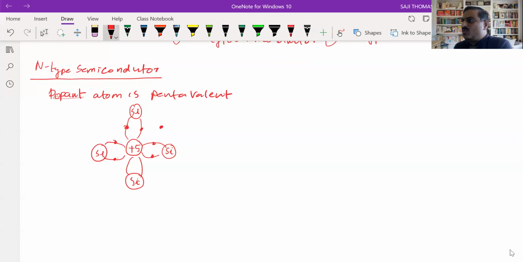So the number of electrons will be very, very large compared to the number of holes. Electrons are called majority carriers. Holes are called minority carriers.